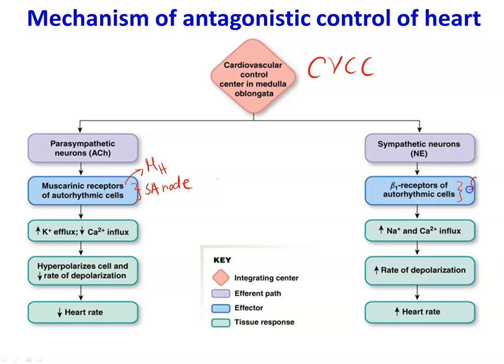And of course, you folks know that depolarization will increase, and sodium and calcium are going to come in larger amounts, which allows me to increase the rate of depolarization and therefore increase the heart rate. Okay, so nothing is new here. This is all review. The only thing added is that we're now introducing you to the cardiovascular control center that's in the medulla oblongata, CVCC.